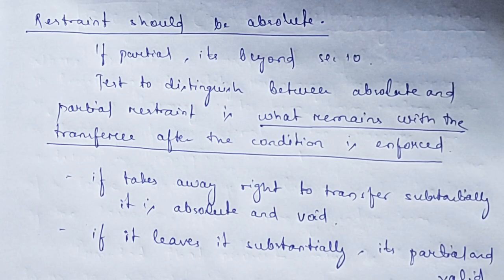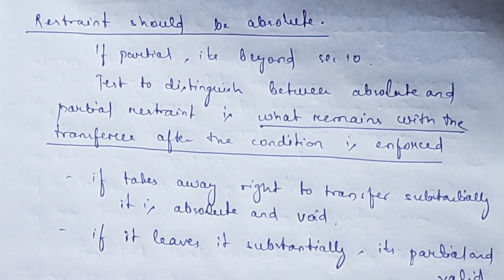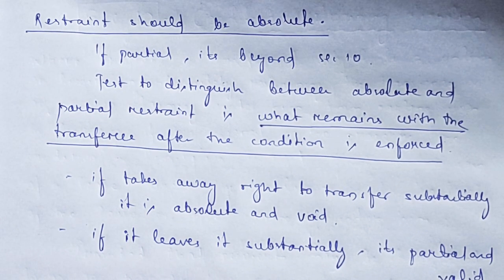Another important point, the restraint should be absolute. The condition or limitation on alienation may be either absolute or partial. If it is absolute, it is hit by section 10 and is void. But if it is partial, it is beyond the ambit of section 10 and may be perfectly valid. So there is a test to distinguish between absolute and partial restraint: what remains with the transferee after the condition is enforced.